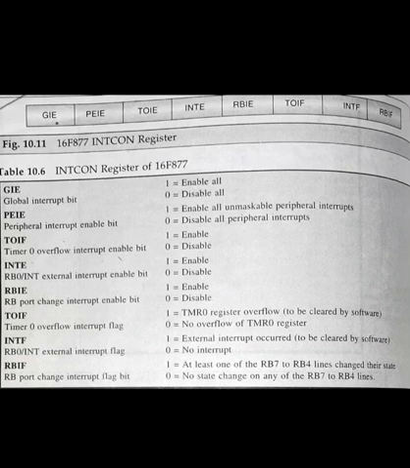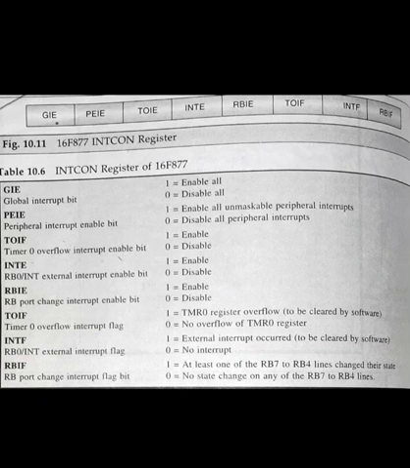For the Timer 0 overflow interrupt flag, 1 means the Timer 0 register has overflowed, to be cleared by software, and 0 means no overflow of the Timer 0 register. For the RB0/INT external interrupt flag, 1 means an external interrupt occurred, to be cleared by software, and 0 means no interrupt.